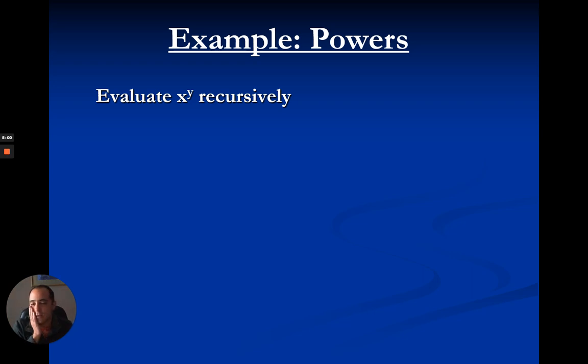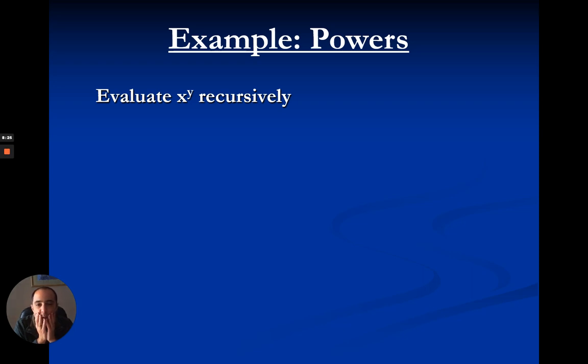And anytime you're asked to do something recursively, you have two things that you need to think. You need to think, what's my base case going to be? And you have to think, what is my recursion going to be? How's my parameter going to change from round to round to round? So in this case, with powers, what is the base case?